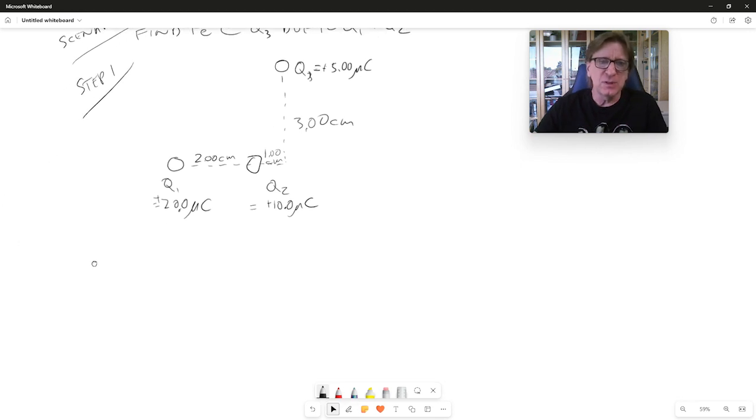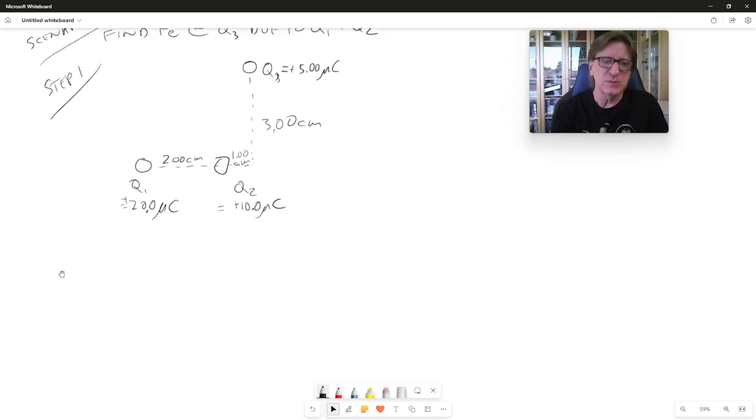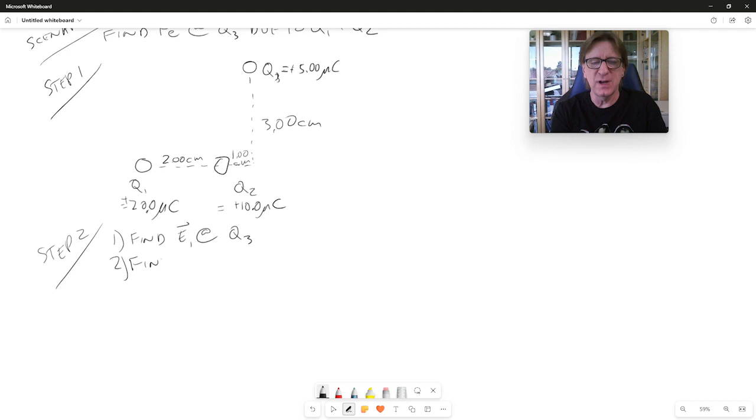All right. So let's go on to our step 2 here. So step 2, we need a plan. Okay, we kind of outlined what we're going to do. So first, we're going to find the electric field of 1 at the position of Q3. And here I don't mean the charge Q3, I mean the position of the charge Q3. Next, we're going to find the electric field due to 2 at Q3.